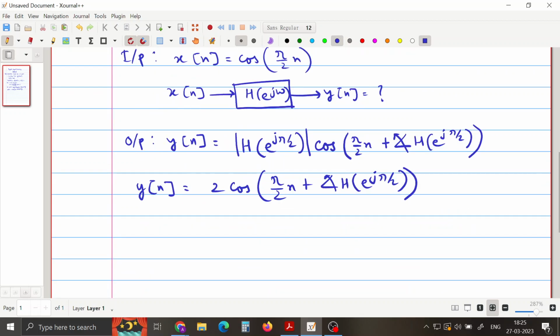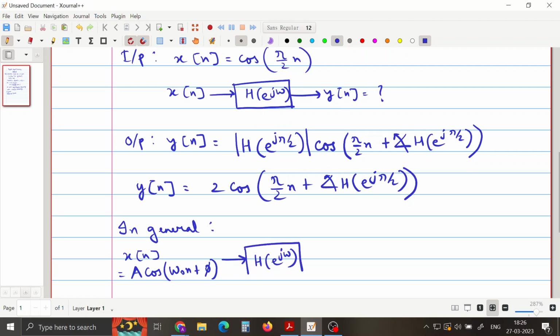So in general, if you have, let's say, an input of the form a cos omega naught n plus phi, you feed this to an LTI system with a frequency response capital H of e power j omega.